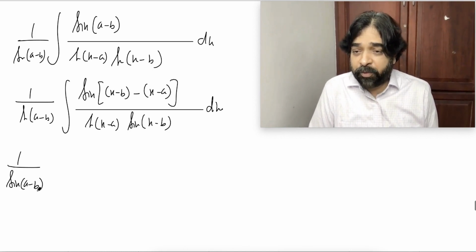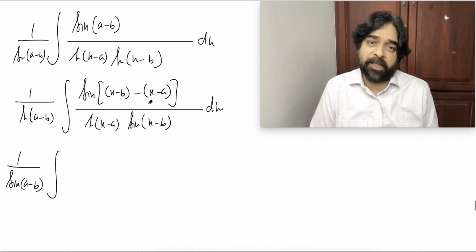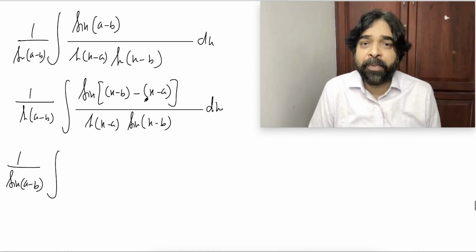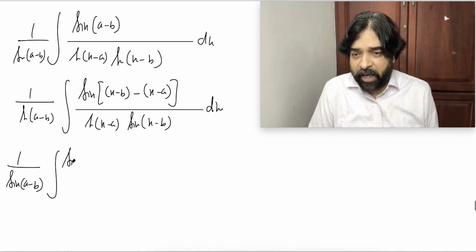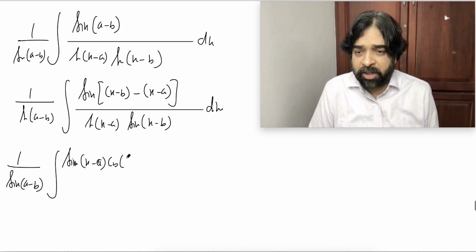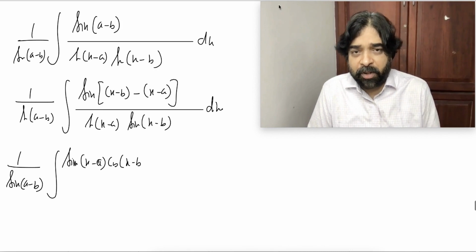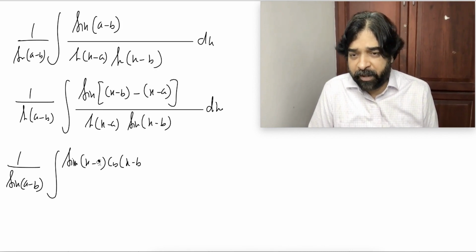You have to use the formula of sine A minus B. Sine A minus B formula all of you know. Sine A cos B means sine x minus A cos x minus B. Yes, sorry, I'm sorry.